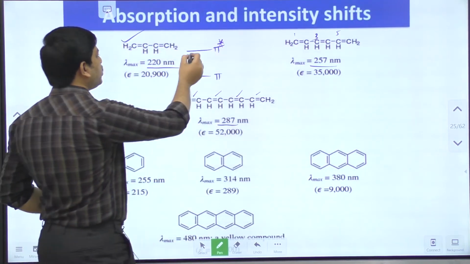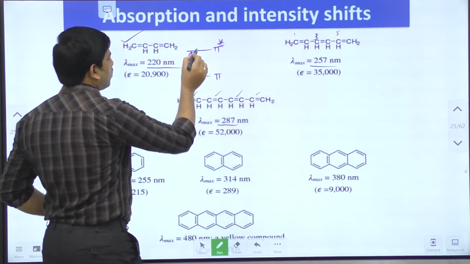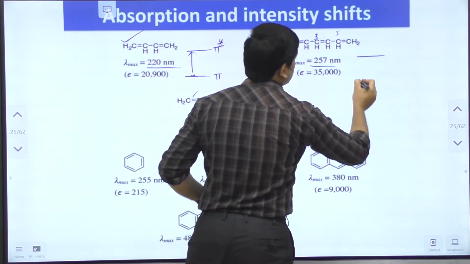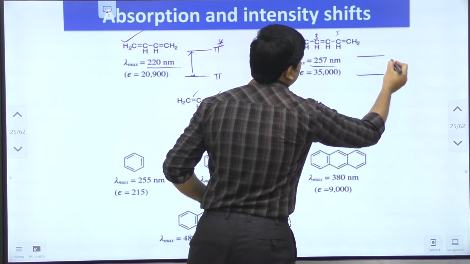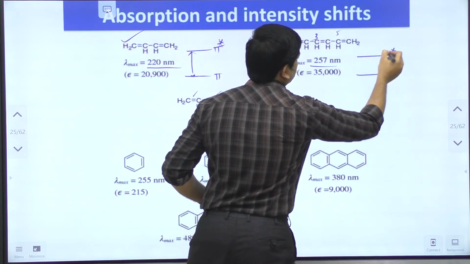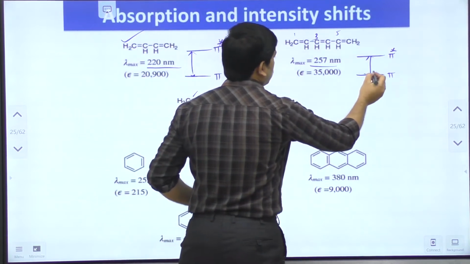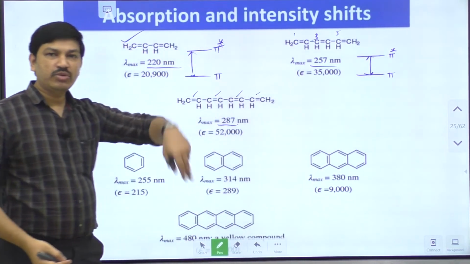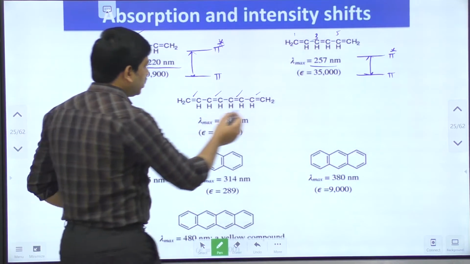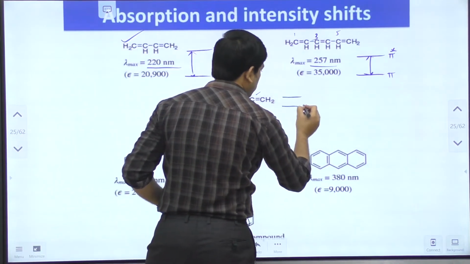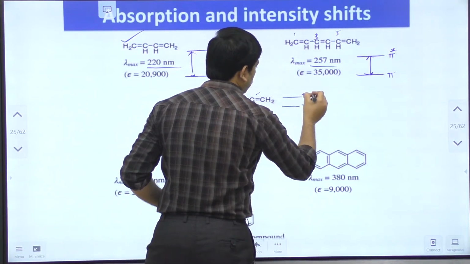Let us say this is the energy gap in the first case, but in this case the energy gap is something like this, a little bit decreased. Energy decrease means it will absorb at longer wavelength only. So in this case still these levels are very close like this.